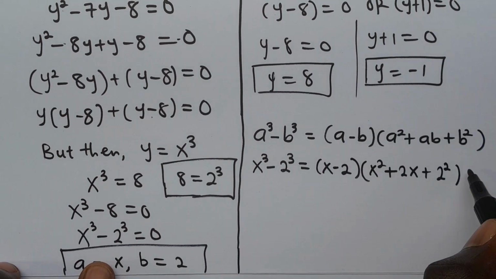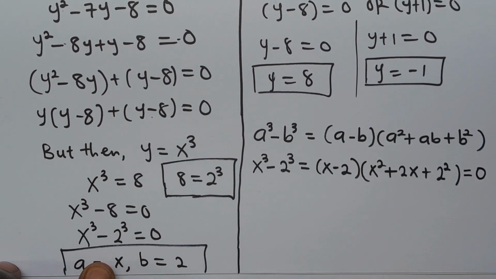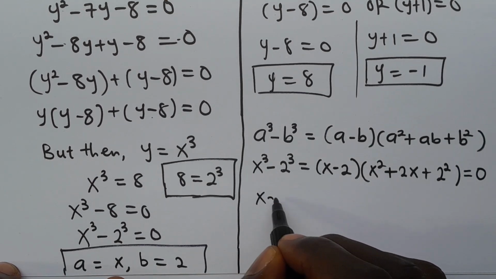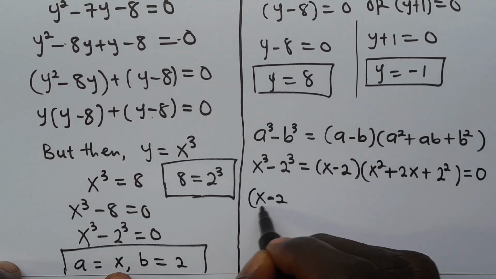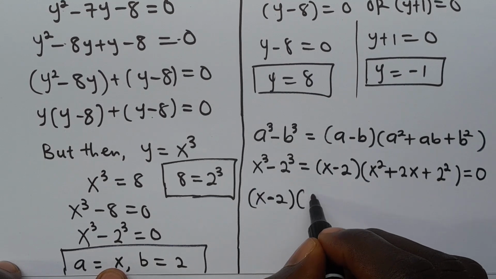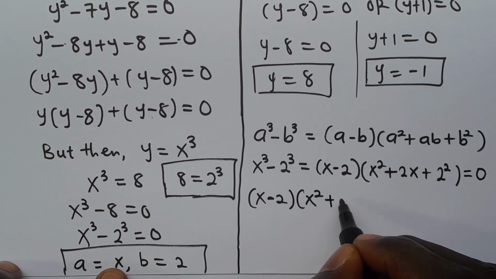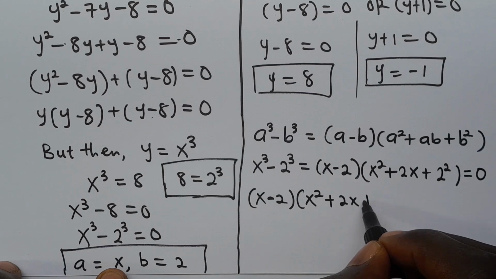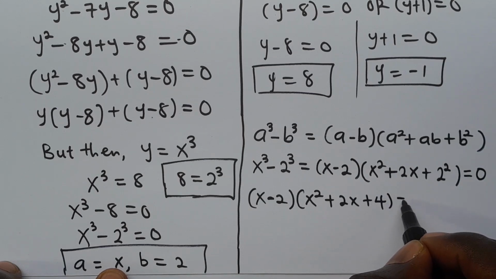So from here we have x minus 2 and in bracket x squared plus 2x plus 4, everything equals 0.